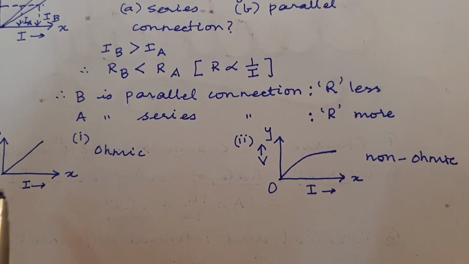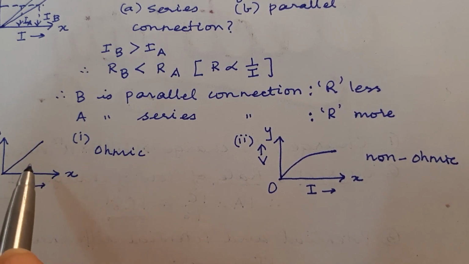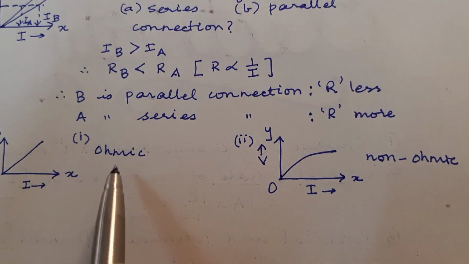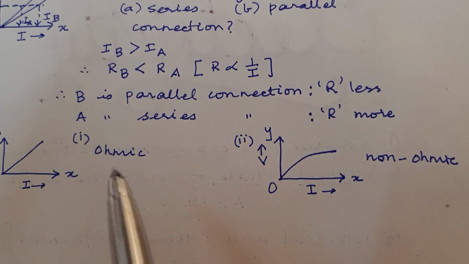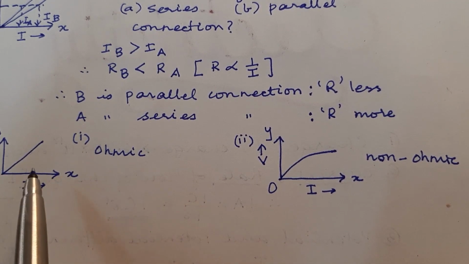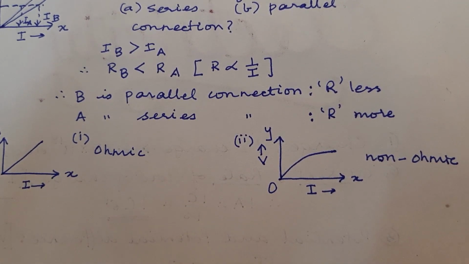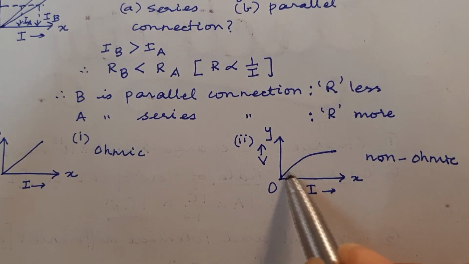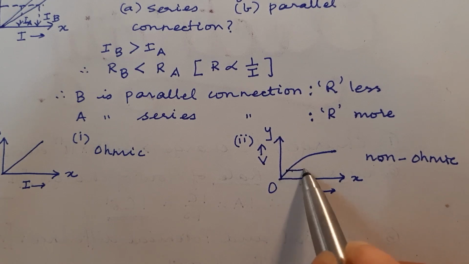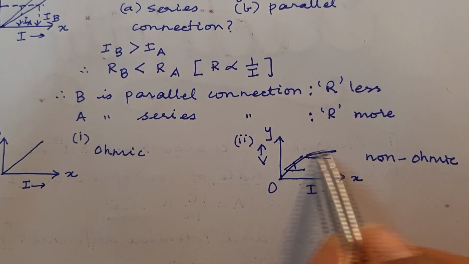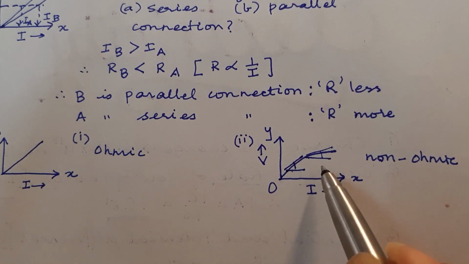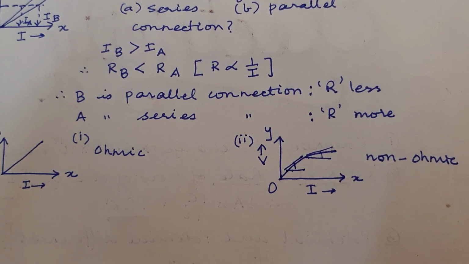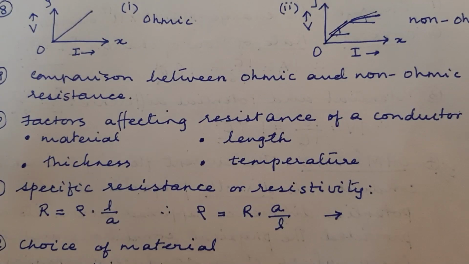The reason being, here you will have a straight line graph, so your slope is going to be constant, and therefore the resistance is going to be constant for the ohmic conductor. Here it is non-ohmic, where you will see that the slope at each point is going to be different, because the theta at each point is going to be variable, and so resistance is going to be variable, which means resistance is not constant and therefore it is non-ohmic.